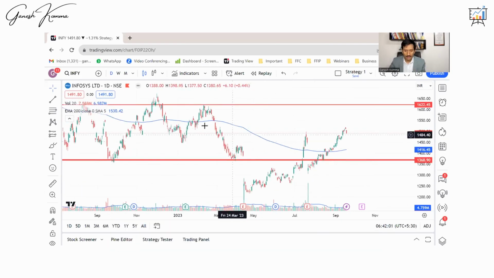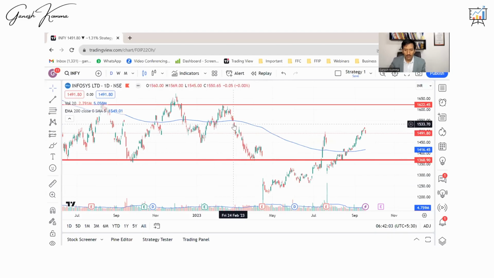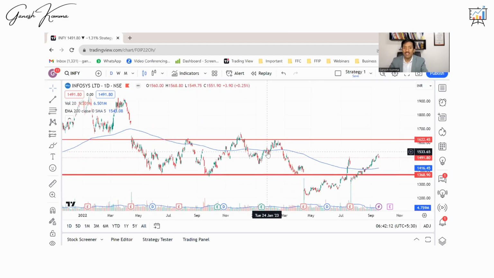If you see here, yes, Infosys on 27th of February 2023 has come below the EMA 200. Sir, it is a wonderful stock. It is almost like a cash rich company wherein it does not have any loan or debt.